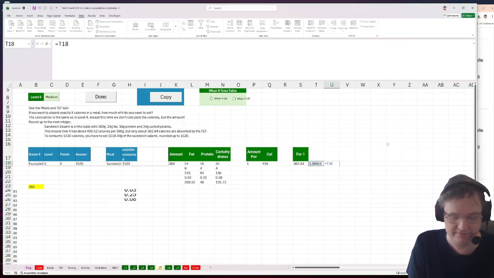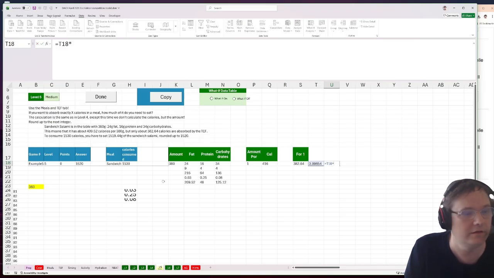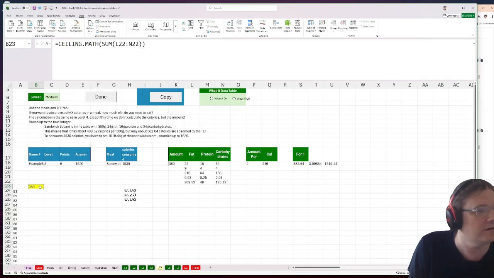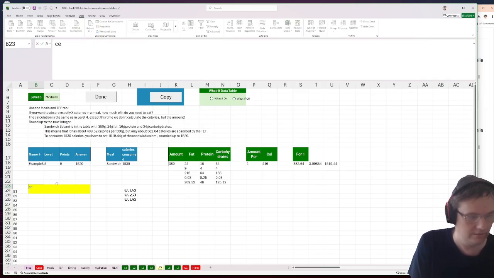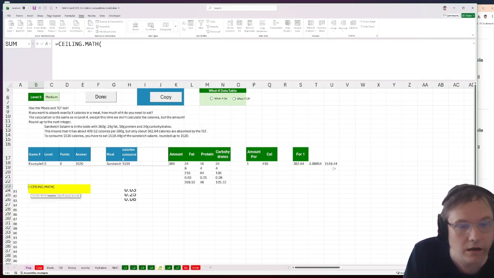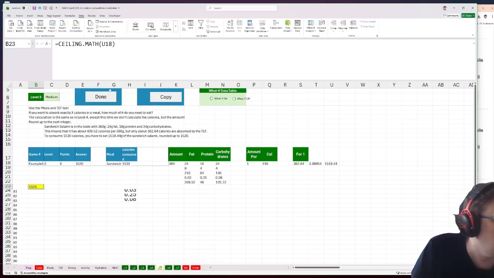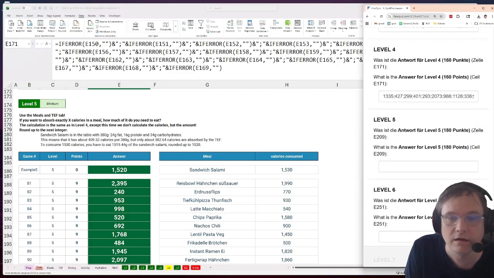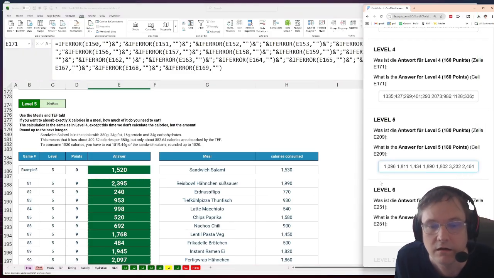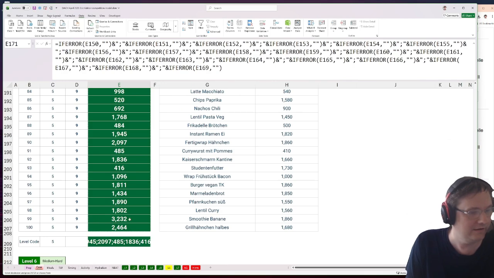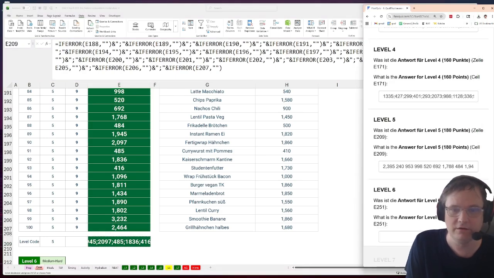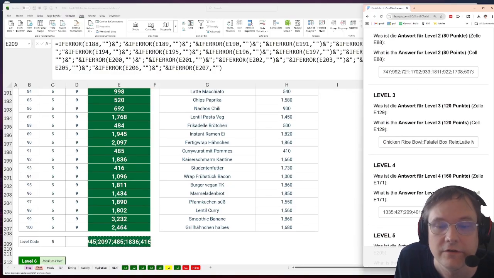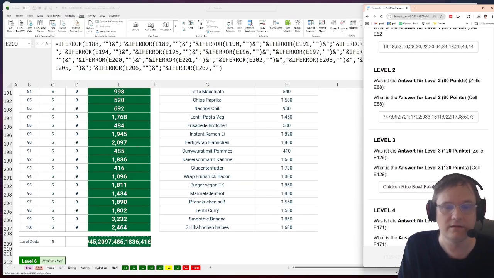So this times the amount there is the answer. And again, it's rounding up, right? Yeah. So that's good for 5. Level 5 again is wrong because I'm copying the wrong thing. Got to copy the correct thing with the delimiters. Yes, all right, good.